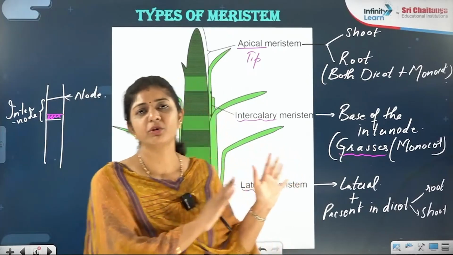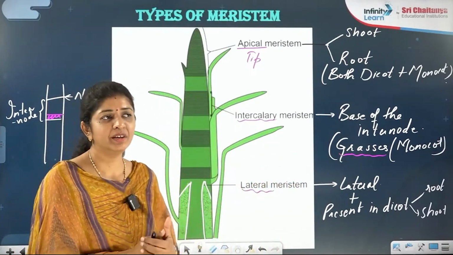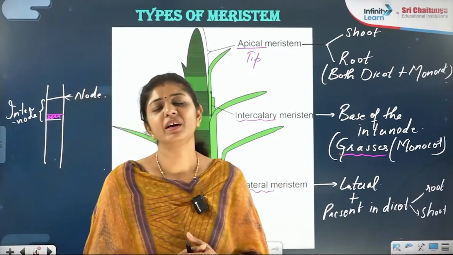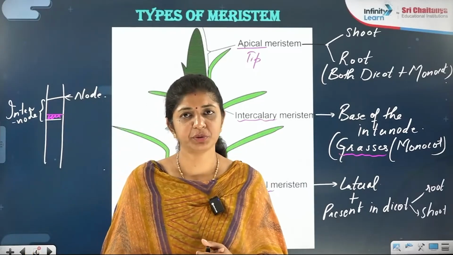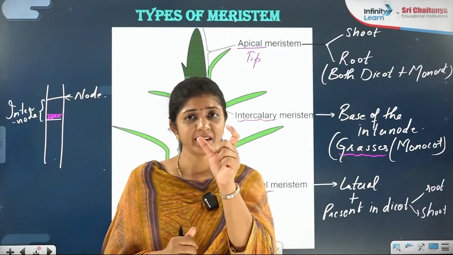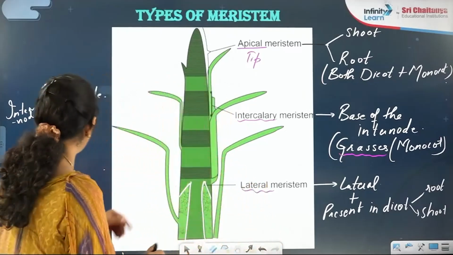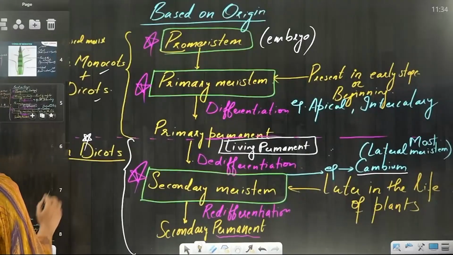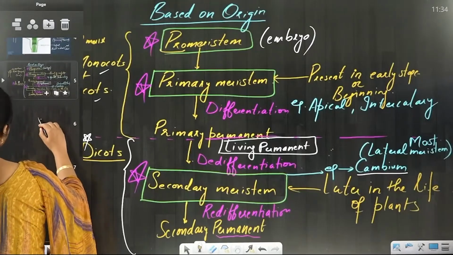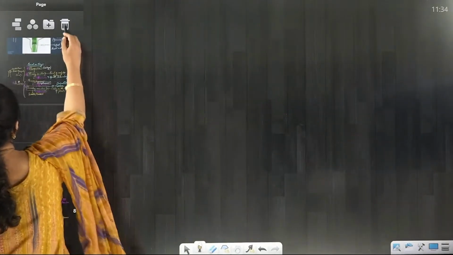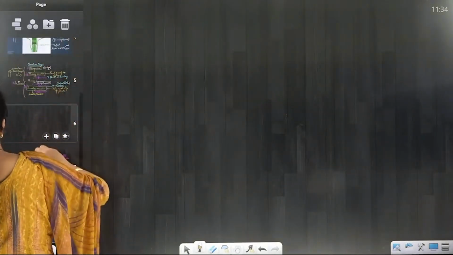Fine. So, okay, back to the topic, because we have to wind up with all the things, and last we have to go with the small topic we are left with, complex permanent tissue, and the sclerenchyma as well, right? Okay, all this we have discussed about the meristem, based on origin and based on function.